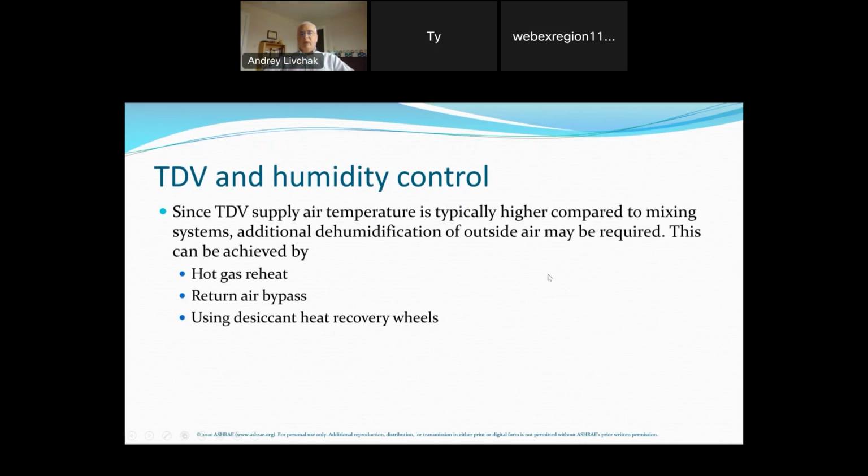This prevents drafts, and it satisfies thermal comfort conditions. But when our supply air temperature is 65 or 64 versus 55, how do we get rid of humidity of air in humid conditions? For that, you could use hot gas reheat. You could also use return air bypass and desiccant heat recovery wheels to get rid of humidity of outside air.